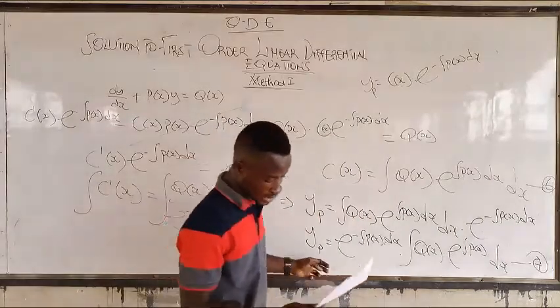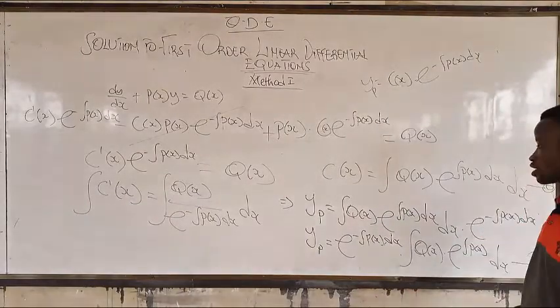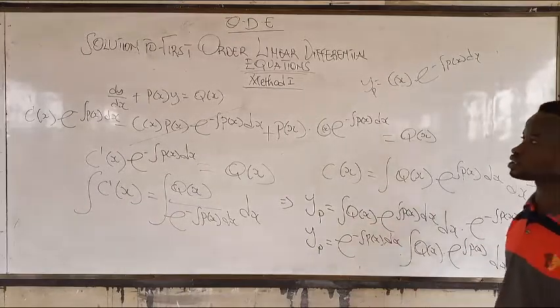So therefore, this is the particular solution for the non-homogeneous equation. So we have that for the particular solution.